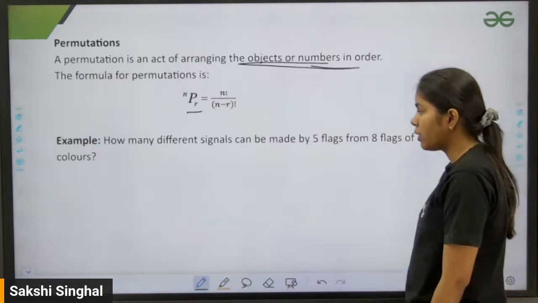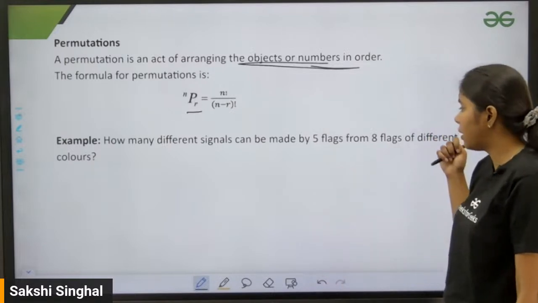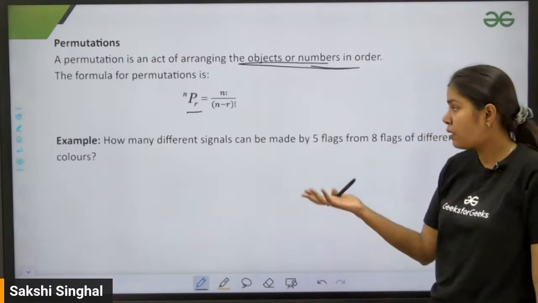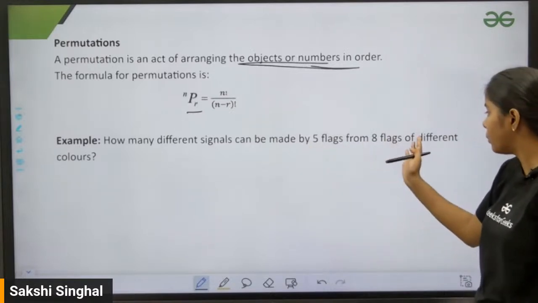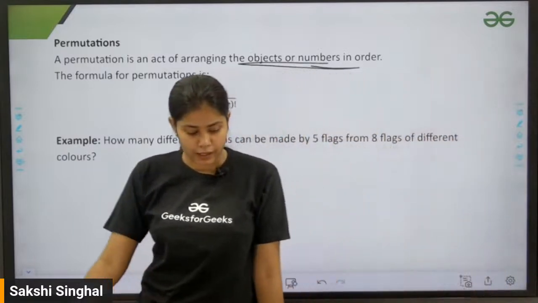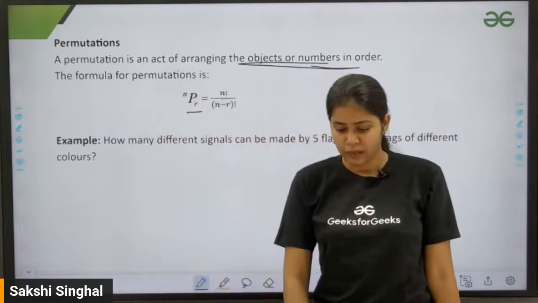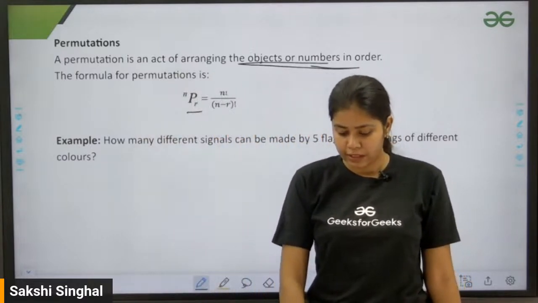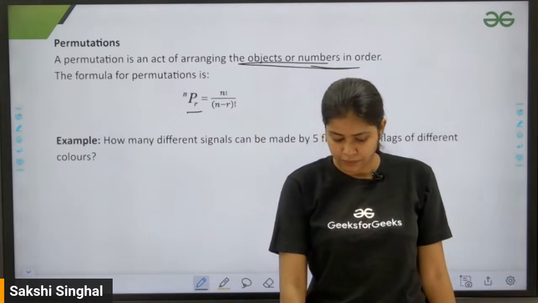How many different signals can you make out of 8 flags if one signal can be formed using 5 flags? Any idea, guys? Just let me know. How would you find the permutation?